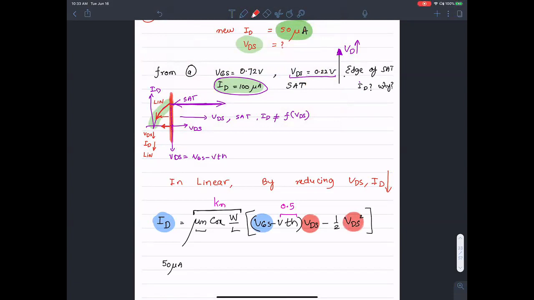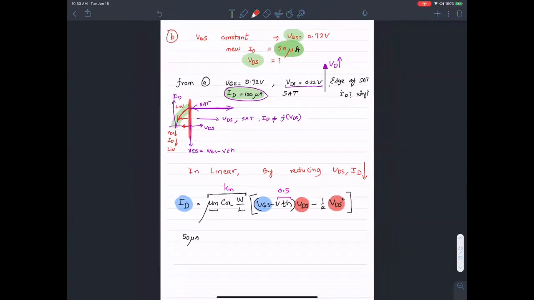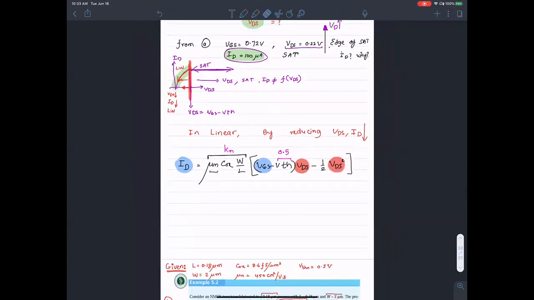And it seems it's a quadratic equation. If you rearrange this and plug in all the knowns, it's going to take the form of ax squared plus bx plus c equals 0. It's a quadratic where x is VDS.